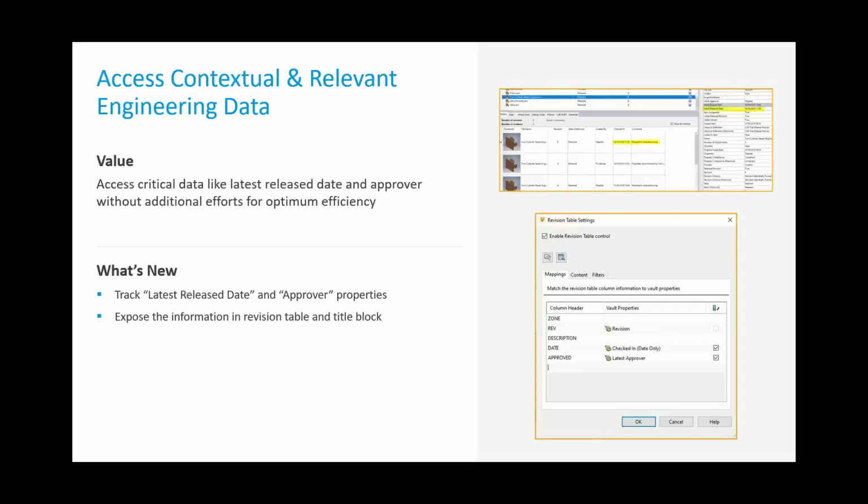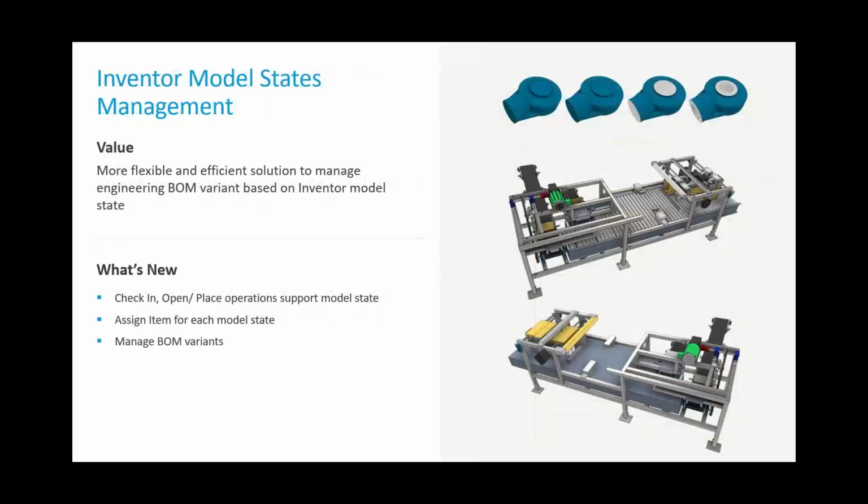They've given us the latest release date and the latest approver. So these are system properties that are in the Vault. If I'm using a Vault revision table, I can have those show up on my Vault revision table. If I want them in my title block, I can create appropriate iProperty mapping back to Inventor, whether that's a custom iProperty or I'm just going to push those into a standard iProperty to show up on my title block.